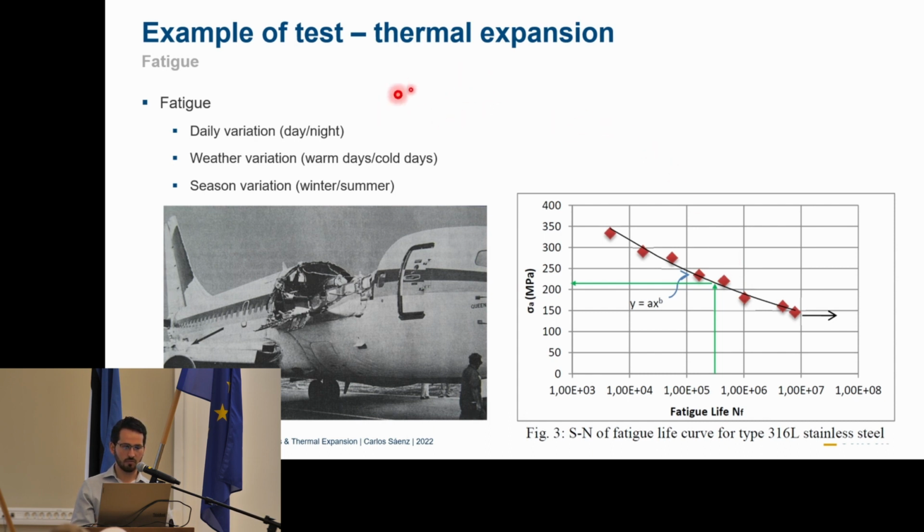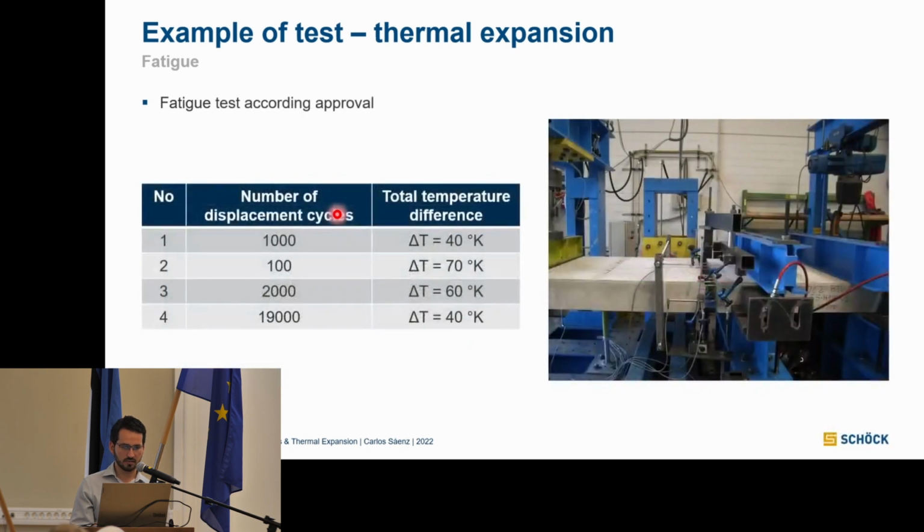And in our balconies or in our elements, what is that fatigue? It's our daily variation, day-night cycles, weather variations, and season variations. All of those create smaller or bigger cycles that will happen all the time for the next 50 years. The Isocorp, as we mentioned, is a certificate with the ATA.